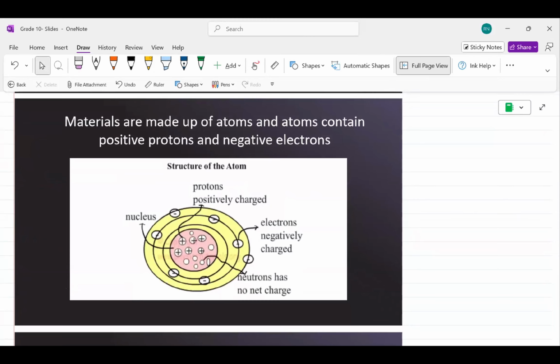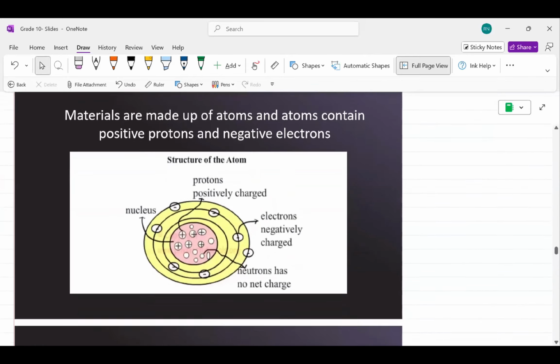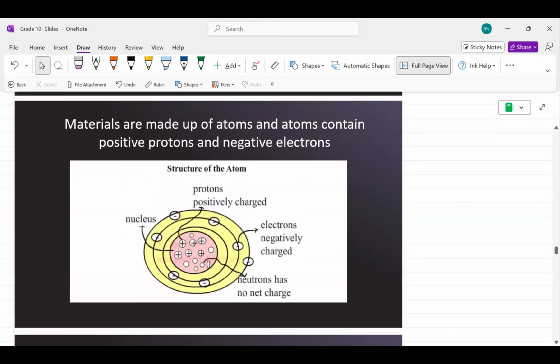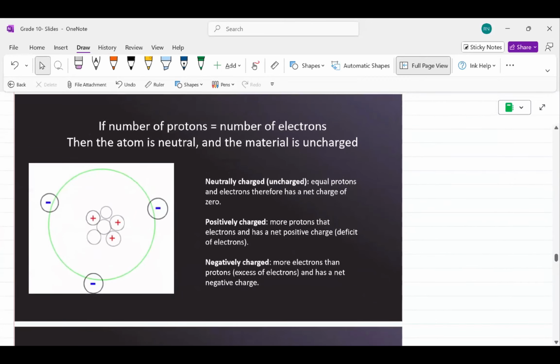Our positive protons are in the nucleus and the electrons are floating around on the outside of the atom. Now, when we have a neutral atom, the number of electrons is equal to the number of protons. We know this from chemistry: a neutral atom is one where the electrons equal the protons. And this is called a neutrally charged atom, right?